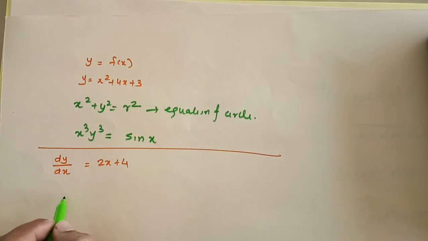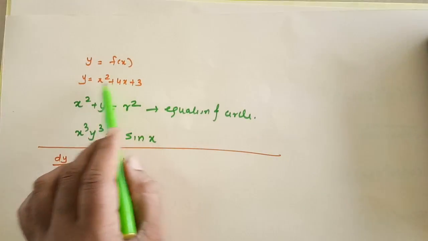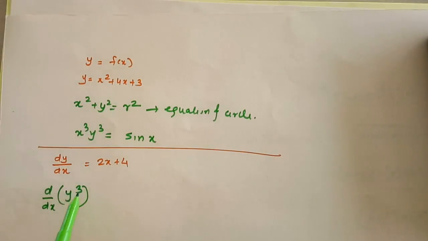Suppose you want to differentiate y cube with respect to x. This is a little awkward, because you're differentiating y cube with respect to x, and that's the whole trick.